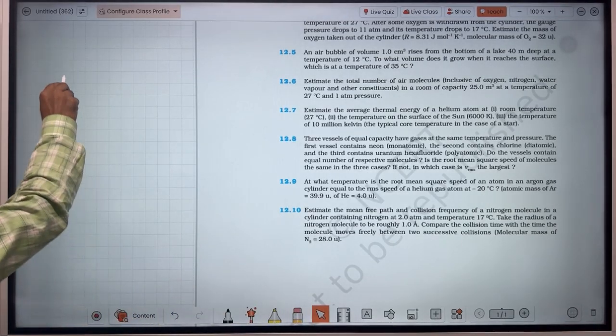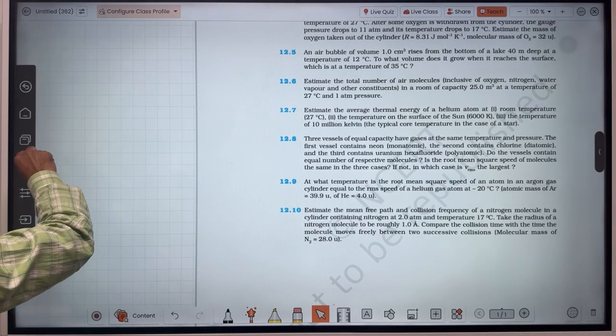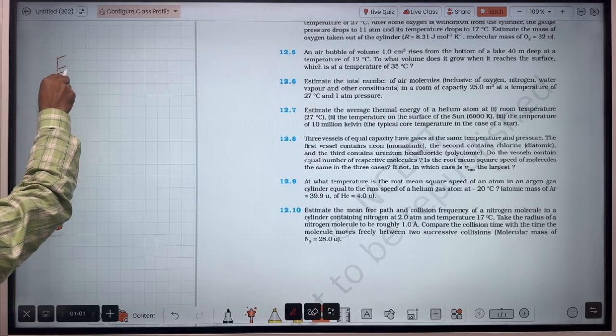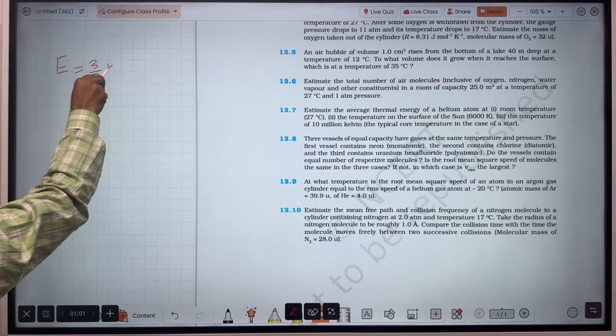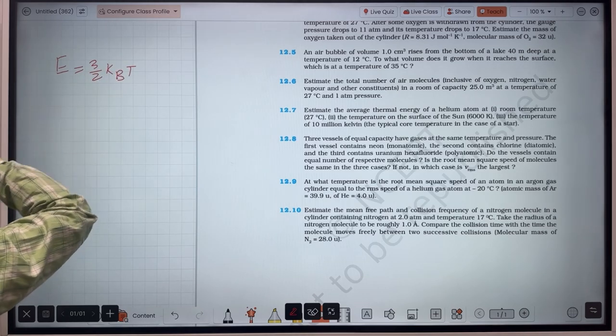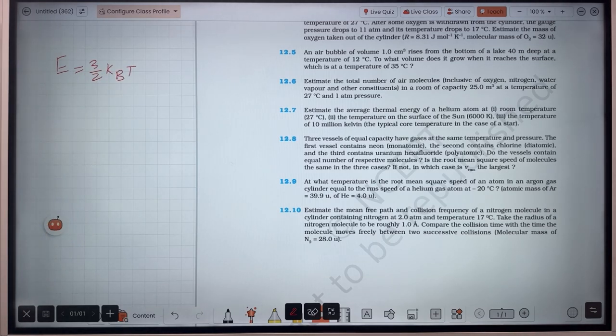So average energy E is given by E equal to 3 by 2 kBT, where kB is the Boltzmann constant.